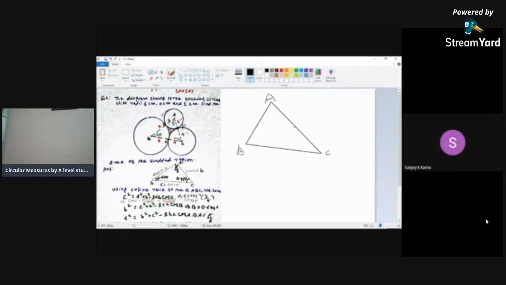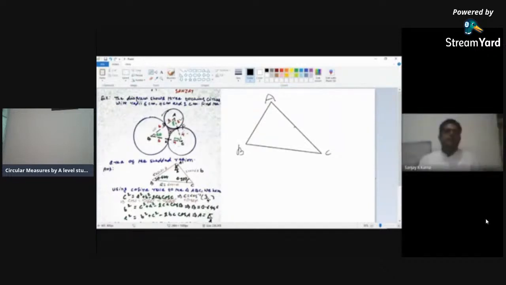You can name those points as C, D, E, or anything as per your convenience. But the given situation is that only the radii of the circles are given. So the radius of the big circle is 6 cm, the smallest circle is 2 cm, and the medium circle has radius of length 4 cm. And based on this information, you have to find the area of the shaded region in between the crossing points of all these three circles you can see here.